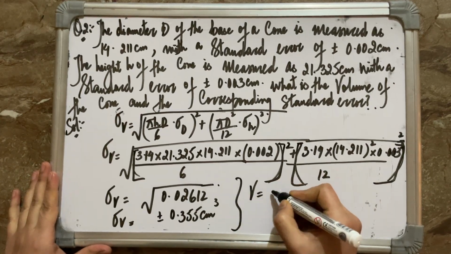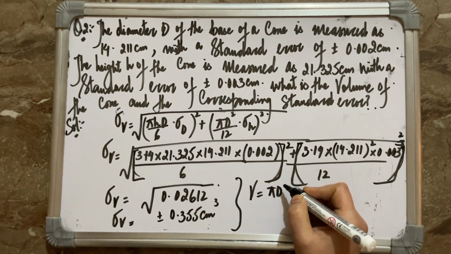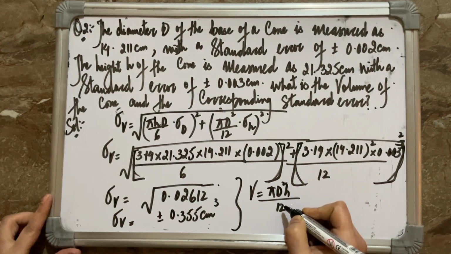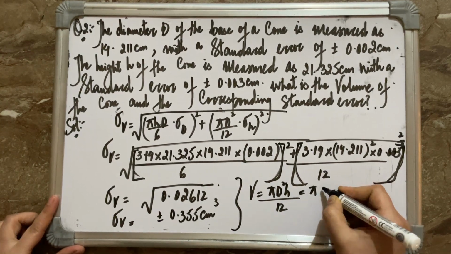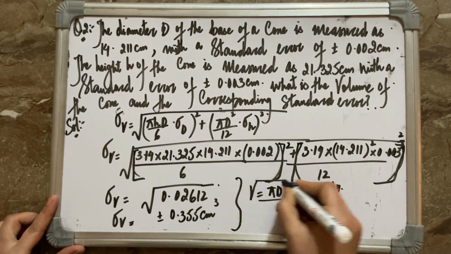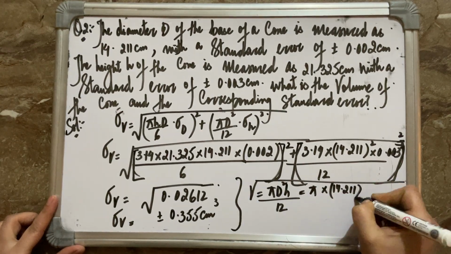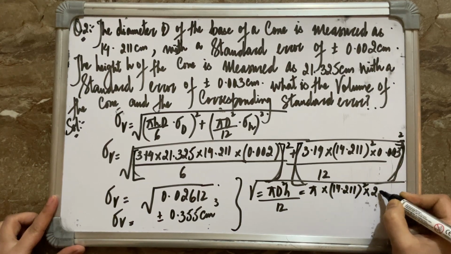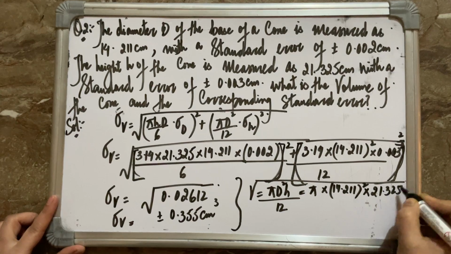Volume is given by pi d square h divided by 12, which is pi times 14.211 squared multiplied by 21.325 divided by 12.